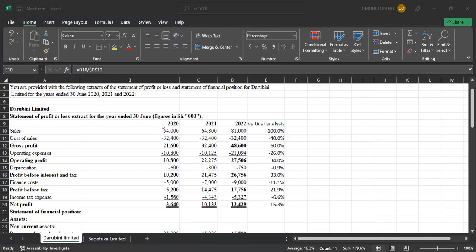Okay, that's a good question. If you look at what we have here, cost of sales, the figure which we have here is a negative. You can adjust it to do away with the negative, but you know very well, whatever you get using the percentage is what you are going to subtract from the sales to get gross profit. Operating expenses here, the figures indicated are in a negative form, and that's why we get the negative percentage.